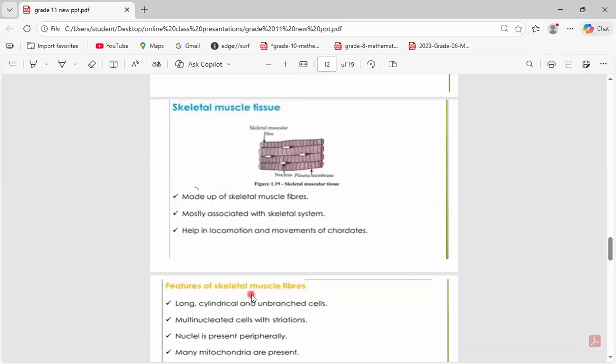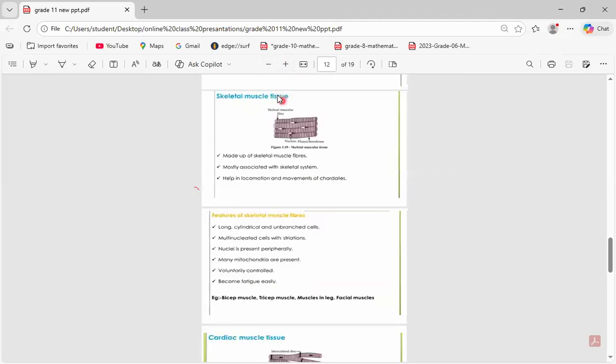Okay, இந்த ரெண்டு ஸ்லைட்ஸை நோட் பண்ணுங்க பாப்பா கொஞ்சம், right?